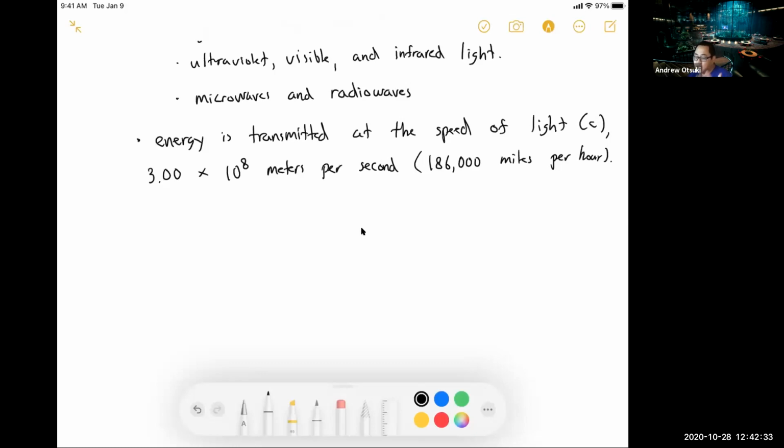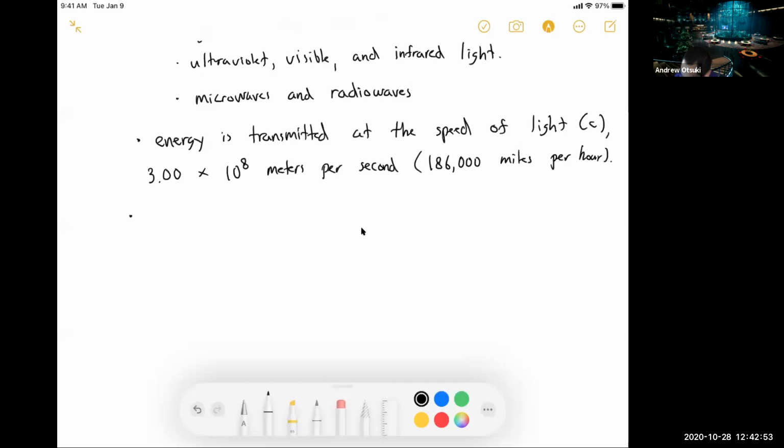This is a natural part of our world. Each of these sources of light gives off energy, which is why they are called radiation. They have energy that's transmitted, and they also have wave-like properties.